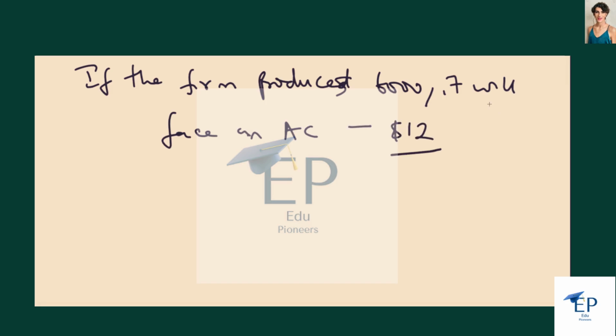So if the existing firms continue to produce 6,000 because they want to produce 6,000, the total output produced in the market will increase.